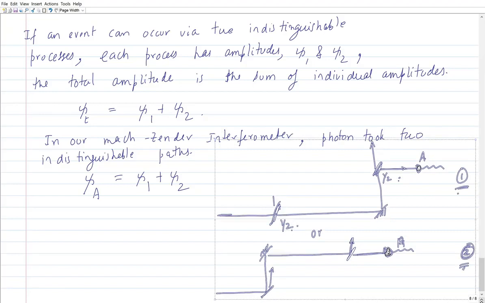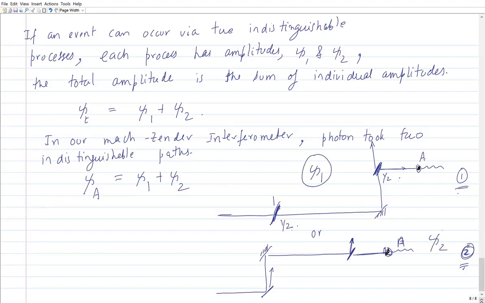So essentially, I associate a probability amplitude psi 1 with 1 and psi 2. And since the detection at A could either happen through this path or through the upper arm of the interferometer, I add psi 1 and psi 2.